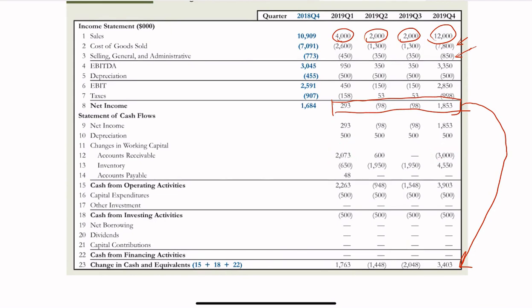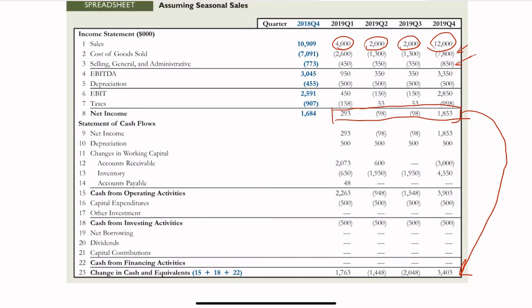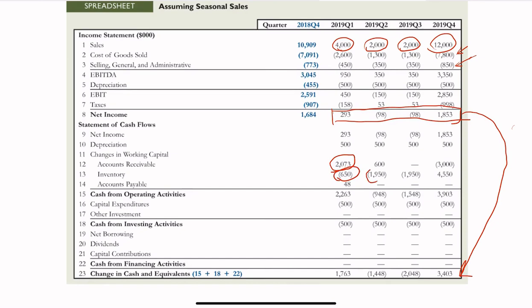So basically, there will be an increase in accounts receivable in Q1. There will be a decrease in accounts receivable in Q1. There will be an increase in inventory in Q1, Q2, Q3.